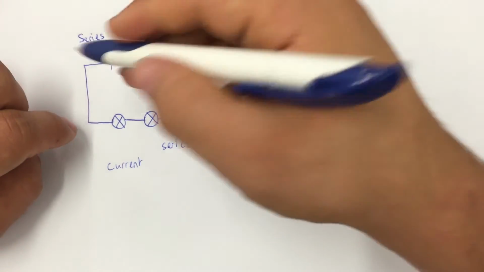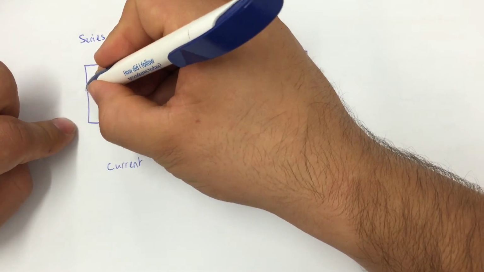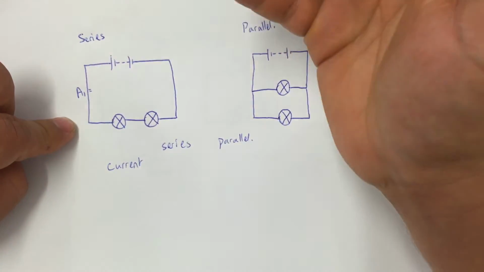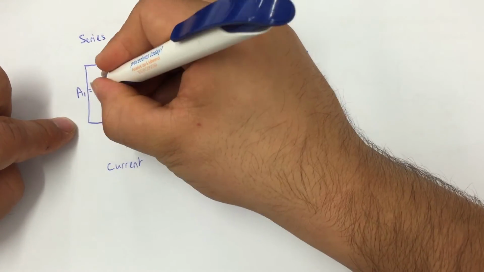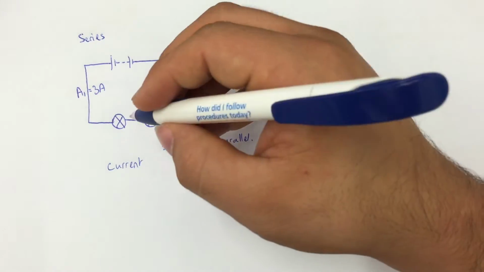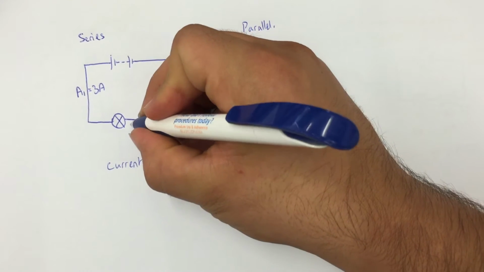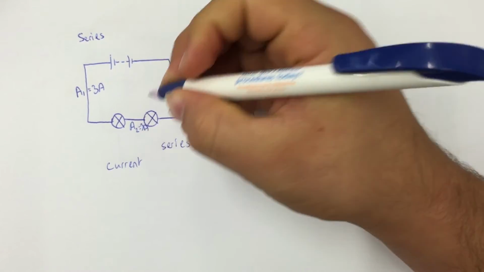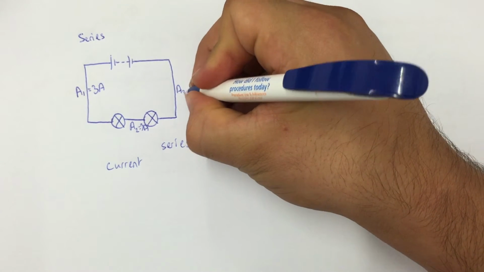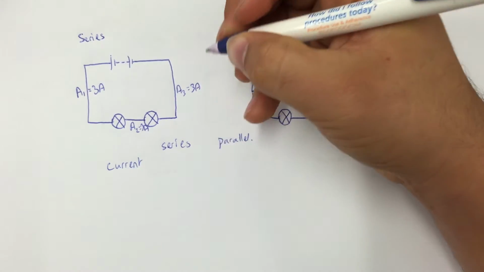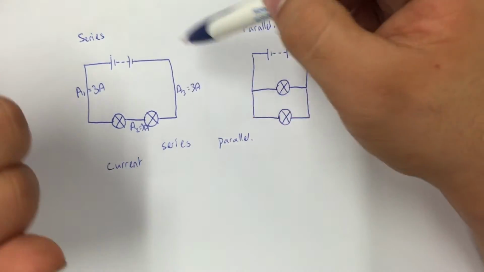So if I was to put an ammeter in at this point in the circuit, and I'm going to use a number just to make this a bit simpler, I'm going to just say that there's 3 amps here. If I was to measure the current between the bulbs, it would still be 3 amps. And if I was to measure the current over here after the 3 bulbs, it would still be 3 amps. The current is the same everywhere.